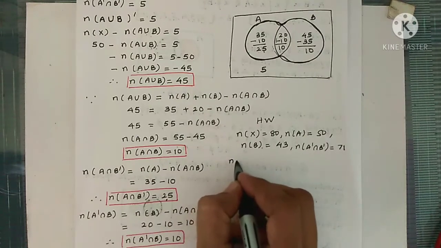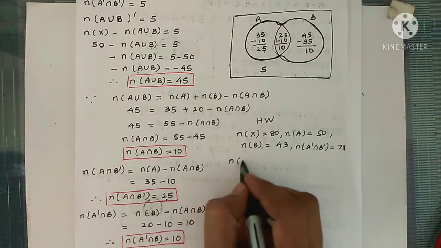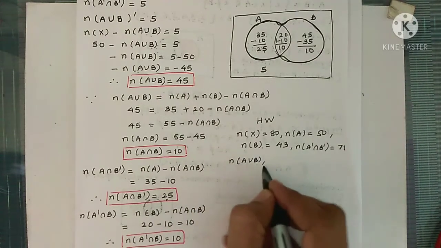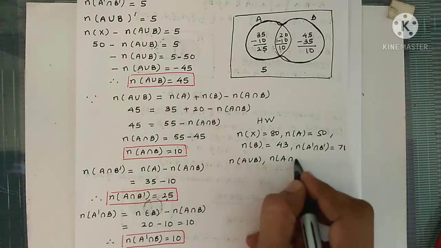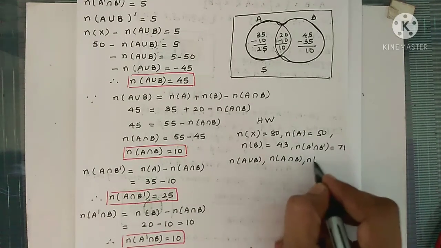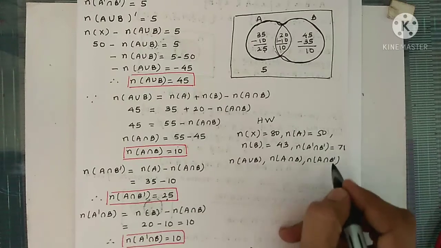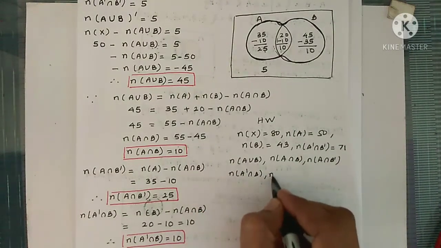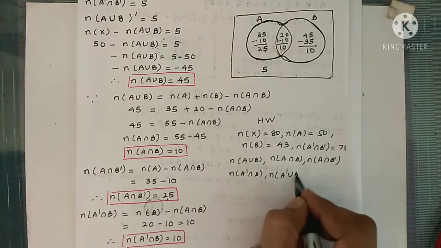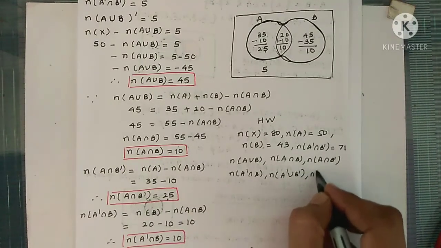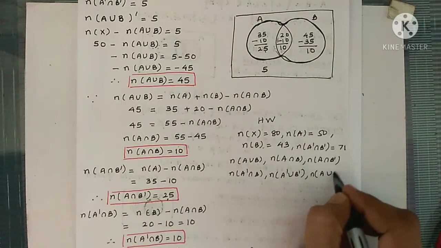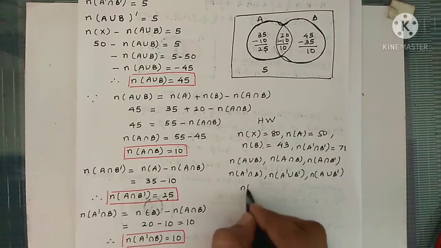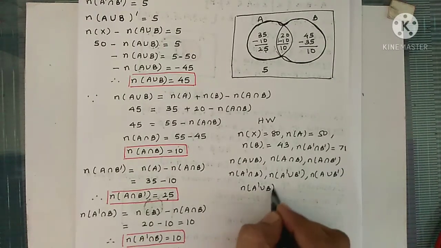Now answer the same questions. Find n(A ∪ B), n(A ∩ B), n(A ∩ B'), n(A' ∩ B), n(A' ∪ B'), n(A ∪ B'), and n(A' ∪ B).